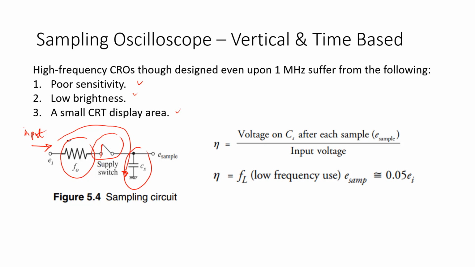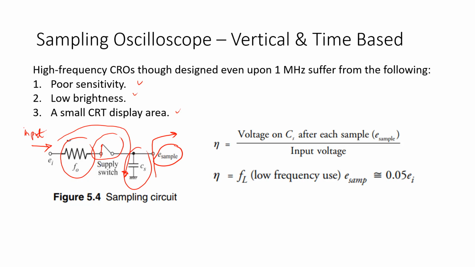Then we turn off the switch, and the capacitor will discharge the sampling signal to the circuit. So we get the E-sample here.